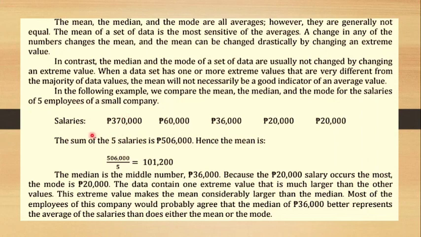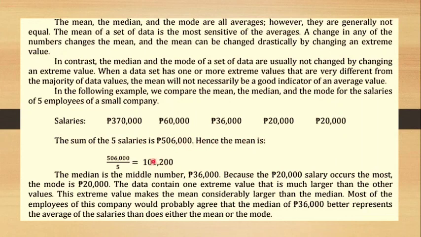So we have here an example for the salaries: 370,000, 60,000, 36,000, 20,000, and 20,000. The sum of the 5 salaries is 506,000. So, kung i-add natin, yung sum natin dito is 506,000.